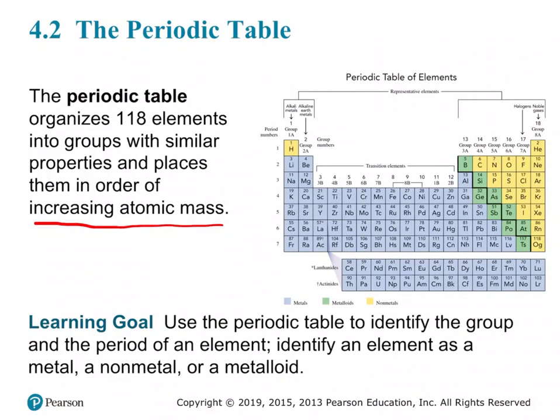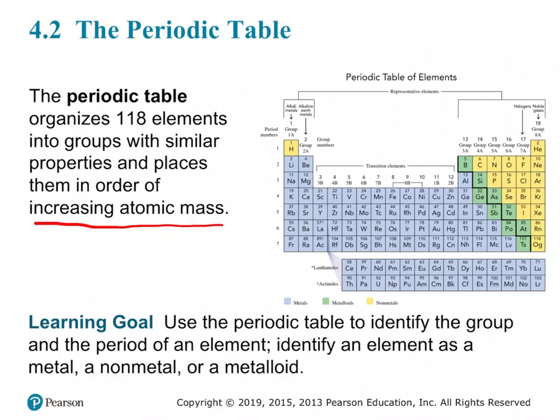So there is a reason why the periodic table looks the way it does. Now, this is not the only way to organize the elements. In fact, if you go to the Wikipedia page for the periodic table and scroll to the bottom, it shows a few other examples of how other scientists have organized the elements.